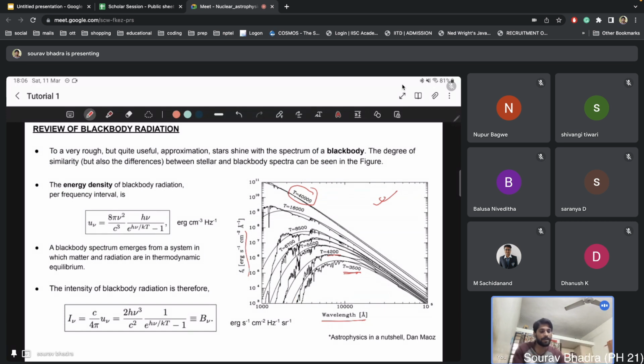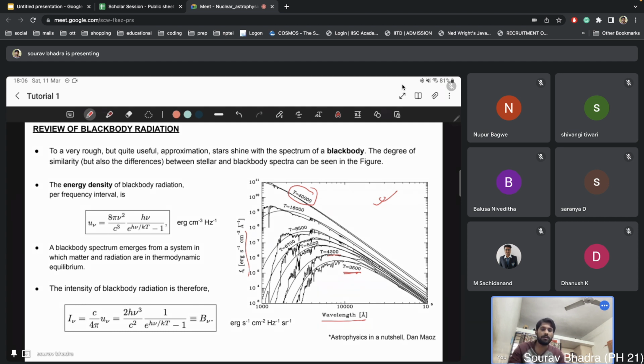Here you can compare the smooth black body curve with the random stellar spectrum, and you can see that it closely follows the spectrum of a black body. So we can treat stellar radiation as black body radiation.